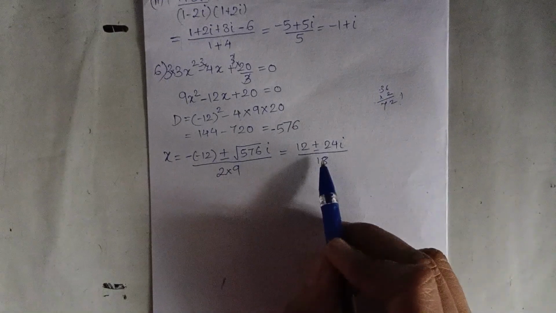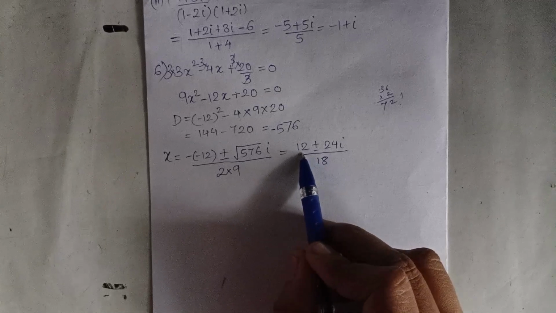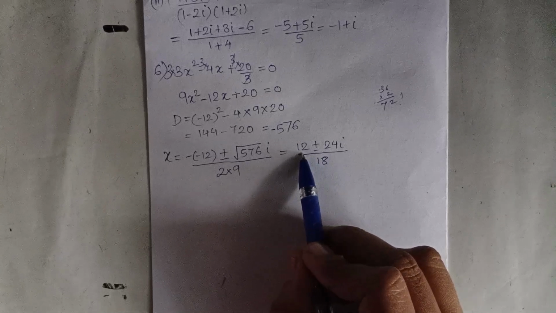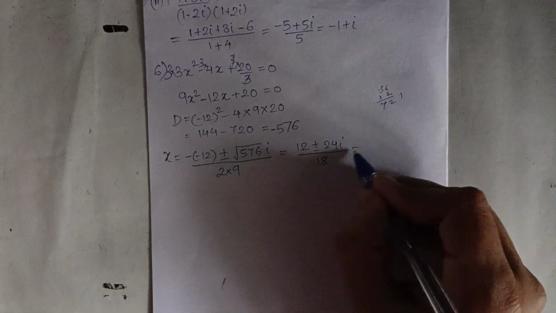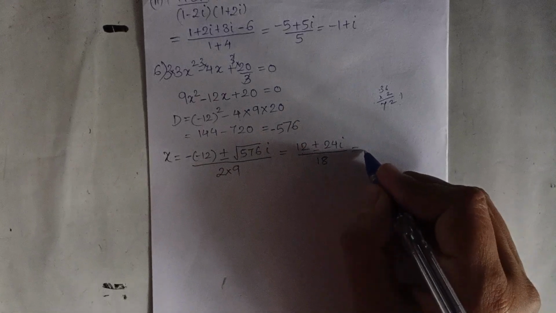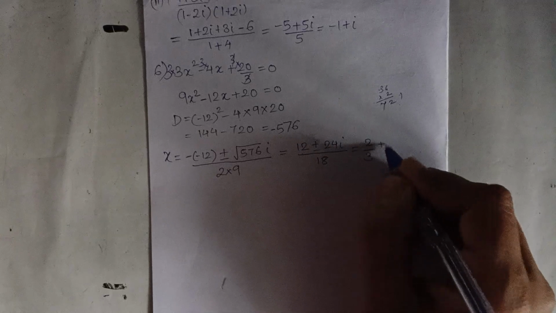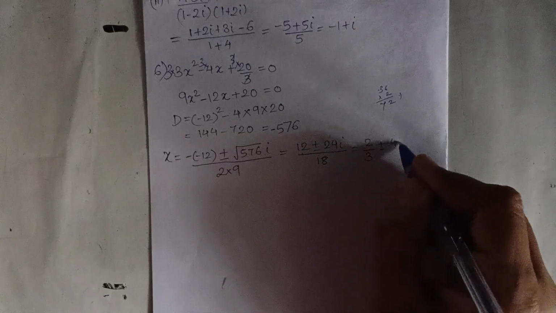So you can take out common 6 here. 6 3s are 18, so 3, and 6 4s are 24, so 4.